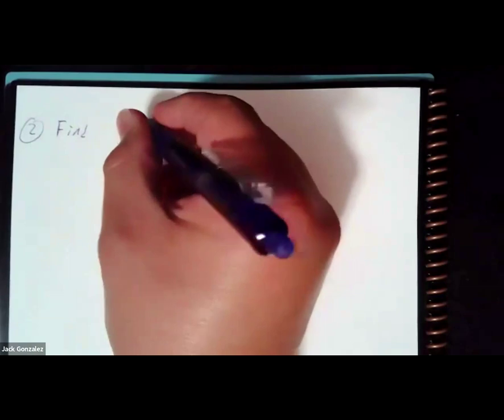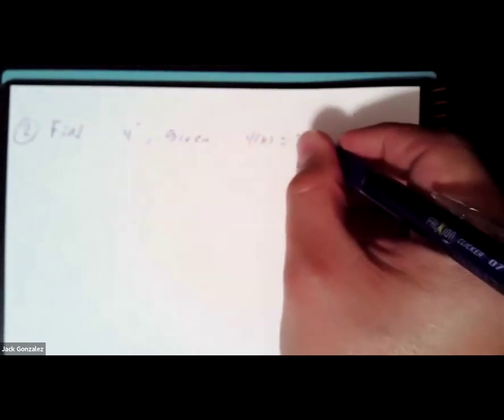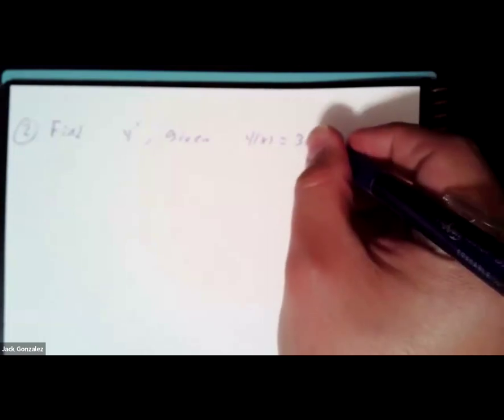Number 2, find y prime, given y of x equal to 3e to the x times cosine.